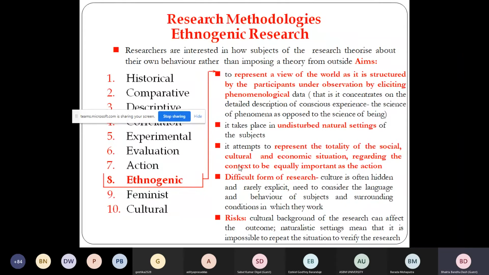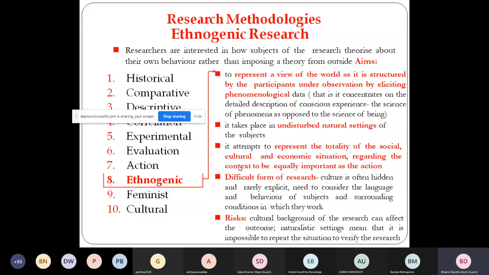Because ultimately what happens, sometimes we went on uncovering many sensitive issues, which is essential to define. But if we adopt those sensitive issues, that might affect accountability. So somehow it is called a difficult form of research.